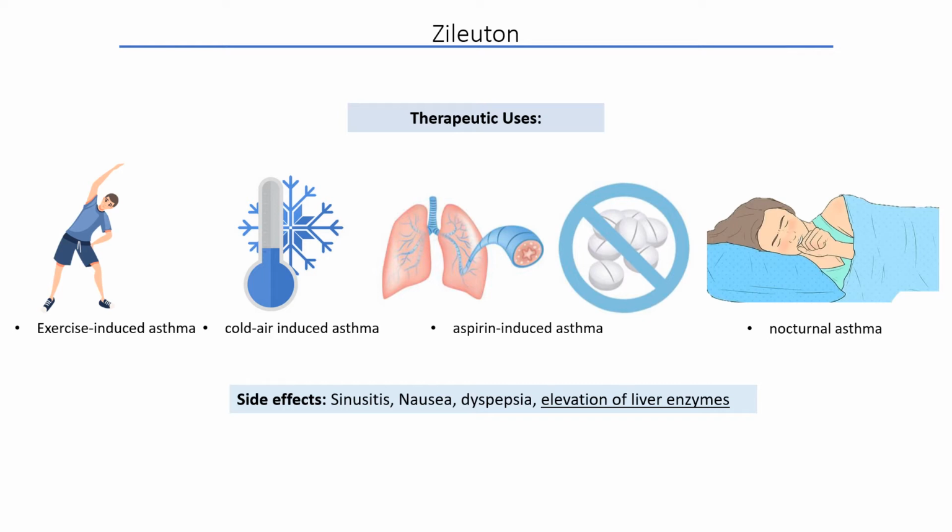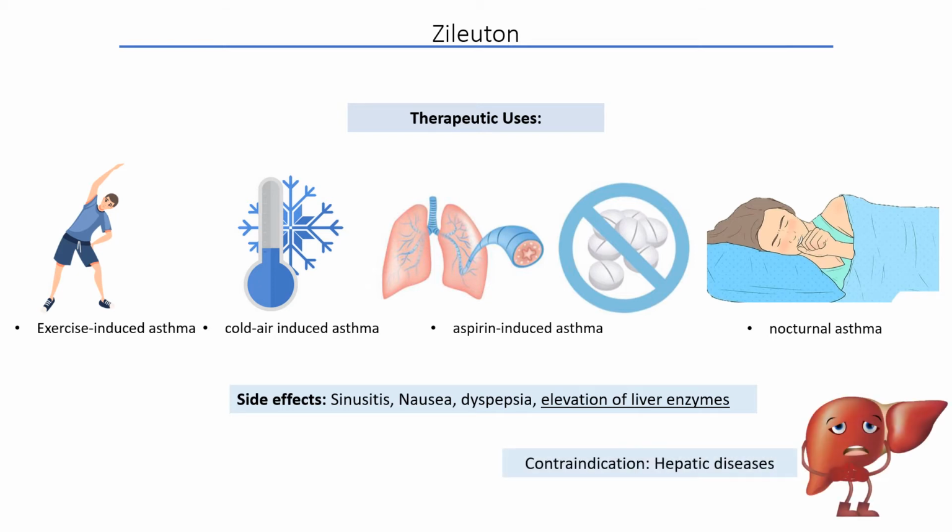However, it will usually revert back to normal when the drug is discontinued. And it is for this reason that it is recommended to do measurement of alanine transaminase before therapy with periodic monitoring thereafter. And it is also because of this reason that the drug is contraindicated in individuals with liver dysfunction.